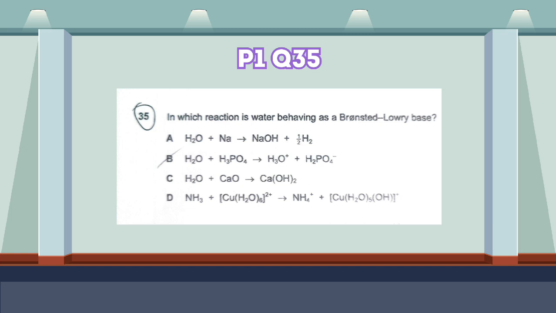And then for the next question from paper 1, question 35: in which reaction is water behaving as a Bronsted-Lowry base? And the answer is B, because H2O is an H+ acceptor and H3PO4 is an H+ donator.